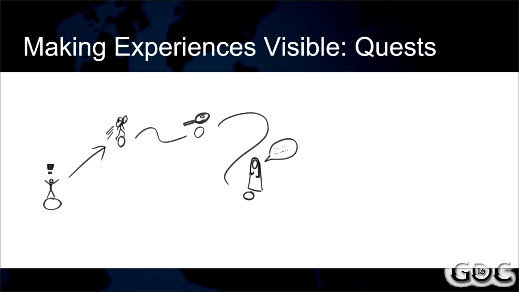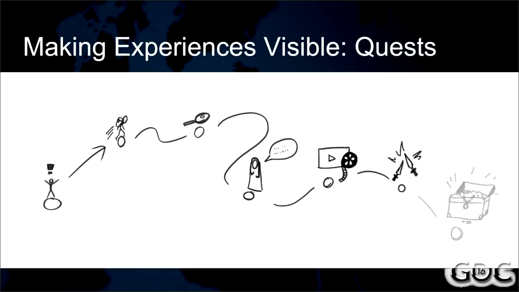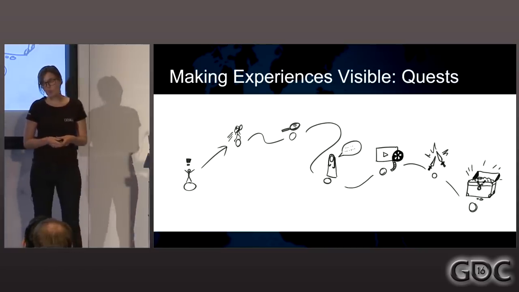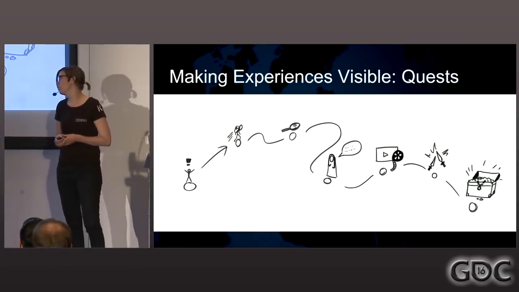You'll find this person, and engaging in this conversation will activate maybe a sequence that will lead you to a new cool location where there's a boss fight. And when you're done with the boss fight, you will get the treasure. This is a classic breakdown. Not all games, the Sandbox games, are of course doing this, but this is how one of these could look.